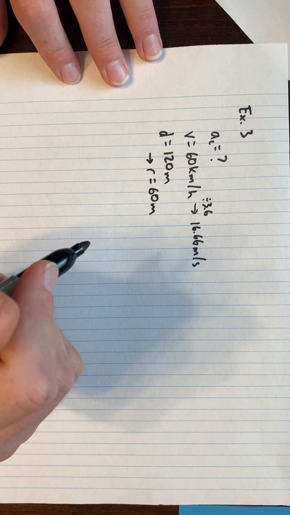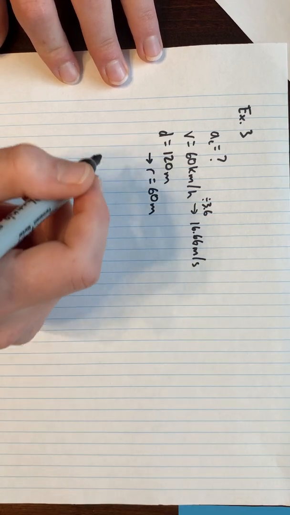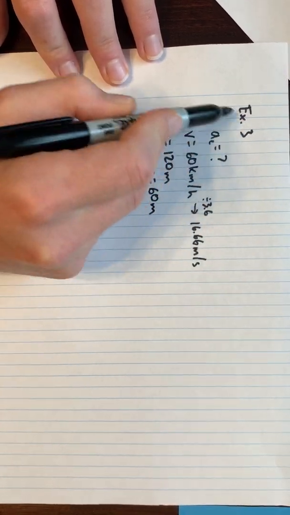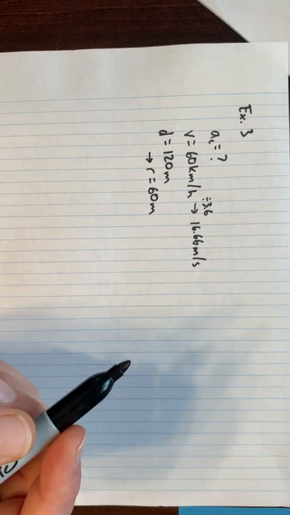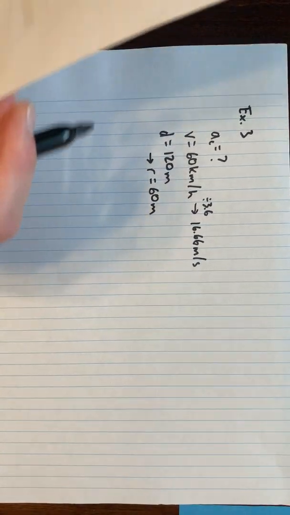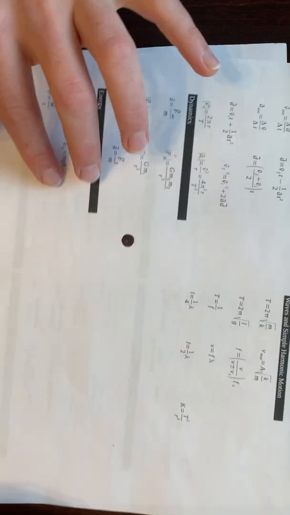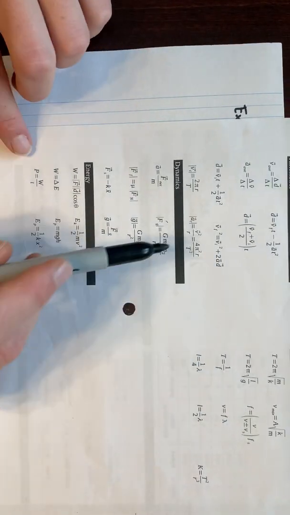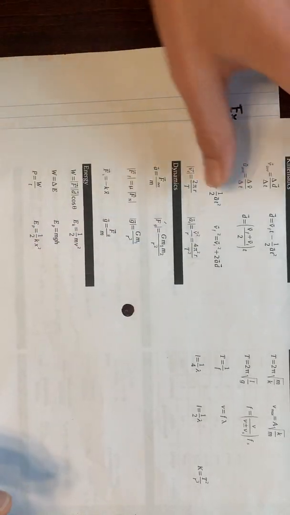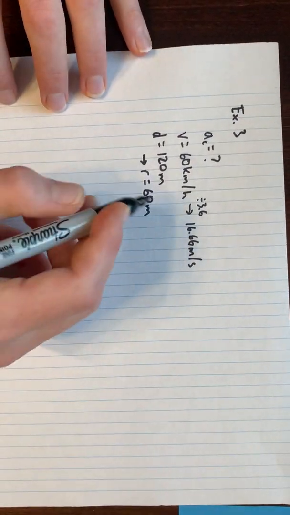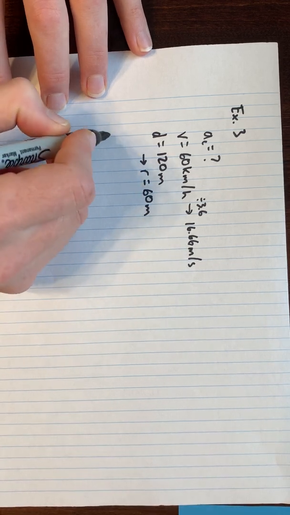And now we just need to find our centripetal acceleration. We have V, we have an R, and we're looking for AC. So I see centripetal acceleration is equal to V squared over R. That looks like a perfect formula for this question.